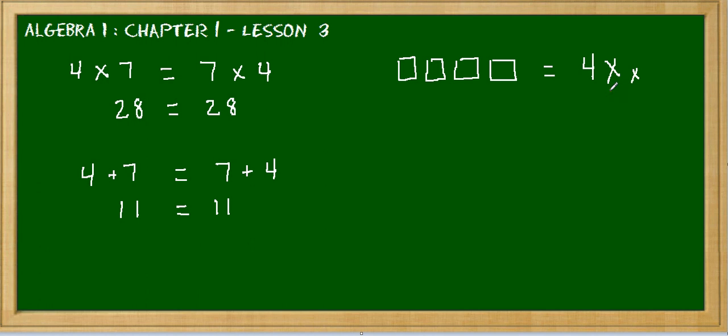Because the symbol for multiplication used in arithmetic looks so much like the letter x, it is not ordinarily used in algebra. Instead, we simply write this as 4, well, let's see, that didn't help out.